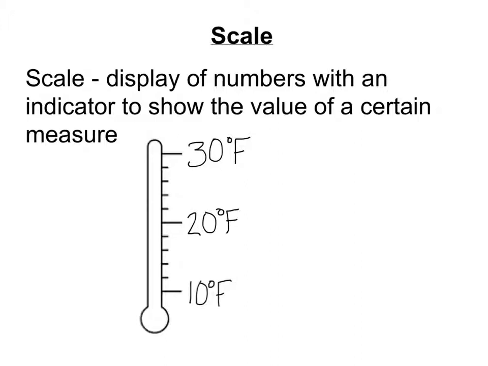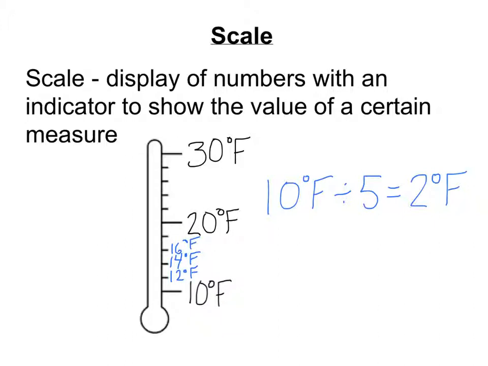So 10 degrees increase divided by 5 jumps means that each of those is going up by 2 degrees. So in other words, this must be 12 degrees Fahrenheit, this must be 14 degrees Fahrenheit, 16 degrees Fahrenheit, and 18 degrees Fahrenheit, and so on.